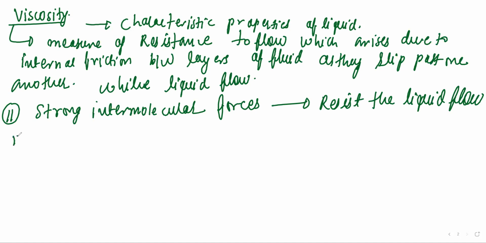Right. Next one is when a liquid flows over a fixed surface, the layer of molecules in immediate contact with the surface is stationary. So when it is flowing over a fixed surface, the layer in contact is stationary.